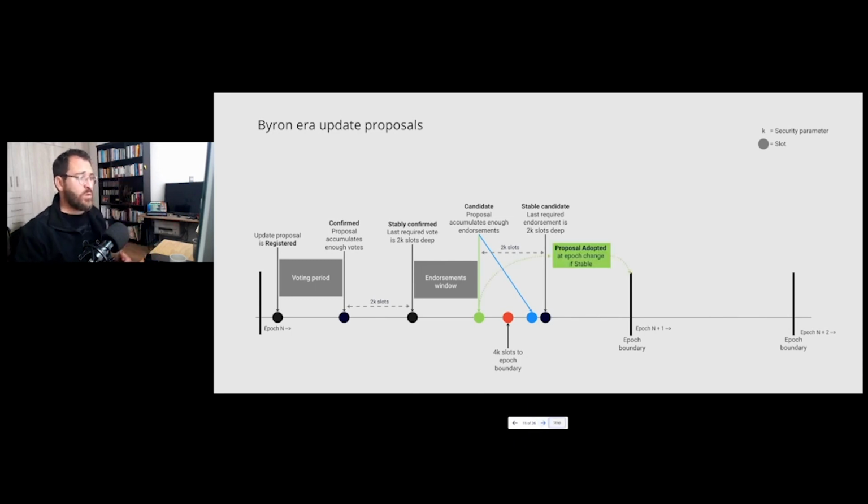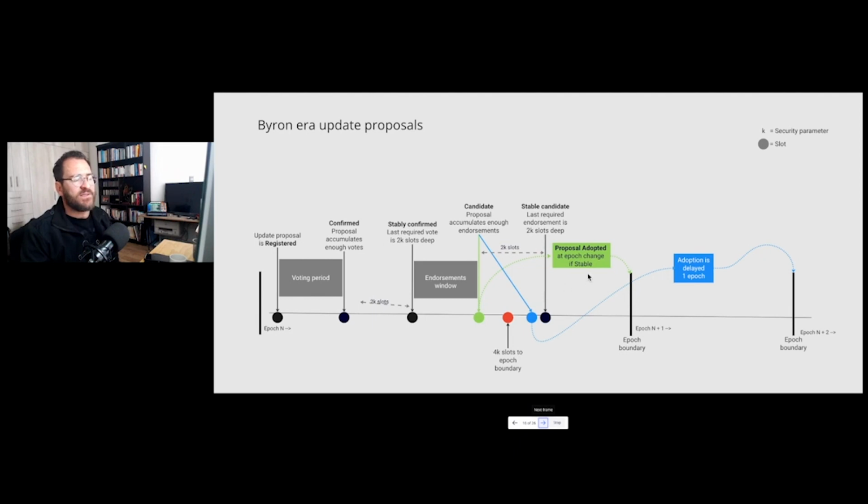In the first scenario, where it became a candidate earlier than 4K slots to the epoch boundary, if it becomes a stable candidate, then the proposal will be adopted at the very next epoch change. On the contrary, if the last endorsement was registered later than this point in time, then if it becomes a stable candidate, it will be adopted, but the adoption will be delayed for one entire epoch so that we all have sufficient time to be ready.